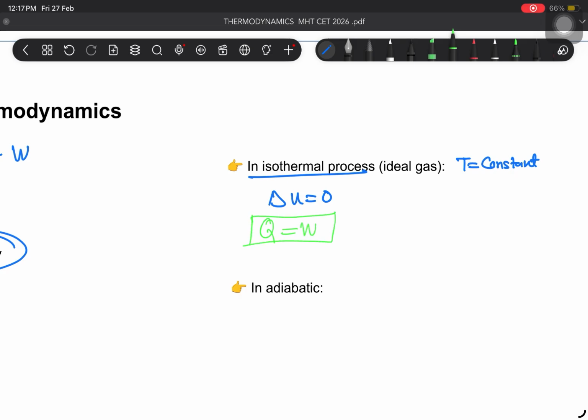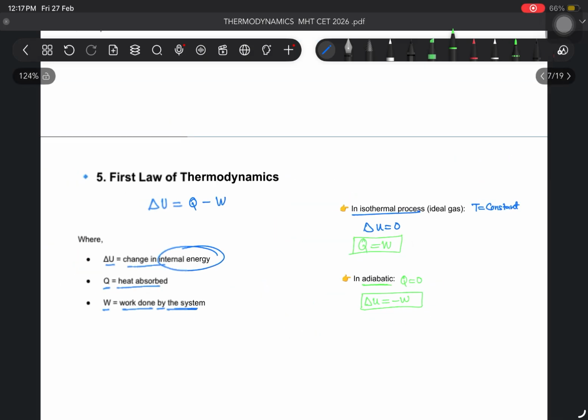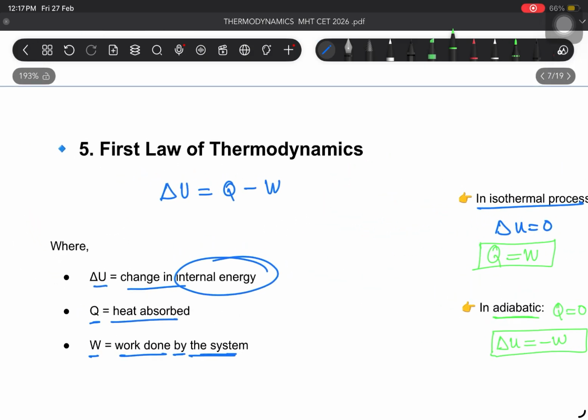In an adiabatic process, Q equals 0, then delta U equals minus work done. This is the law of conservation of energy. Change in internal energy is equal to the heat supplied minus work done.